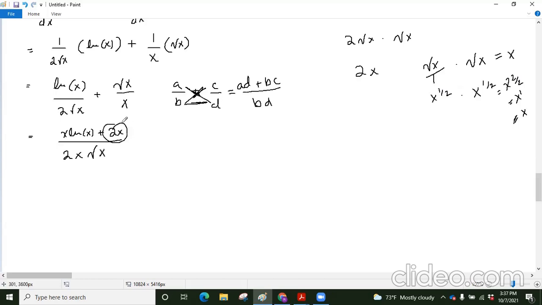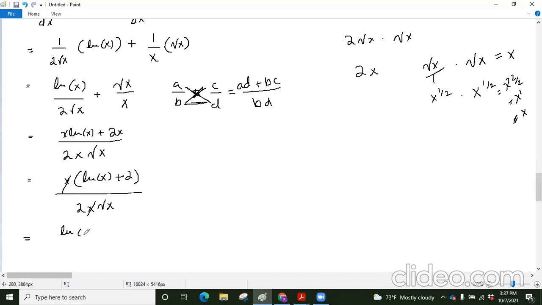So that's why I said this is 2x, because when I was multiplying these, 2 square root of x times square root of x is just 2x. And that's the basic idea. You can factor out an x from the top. You can say that this is ln of x plus 2 over 2x square root of x. Your x's could cancel out.